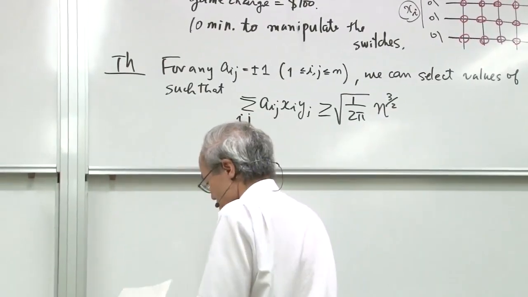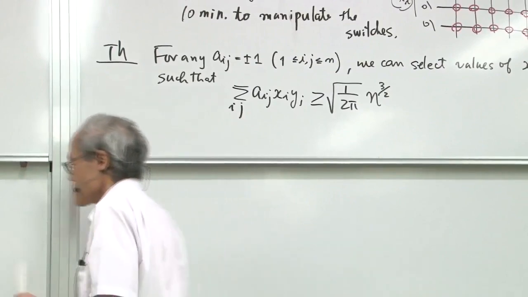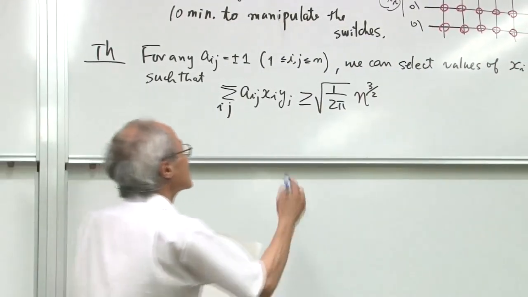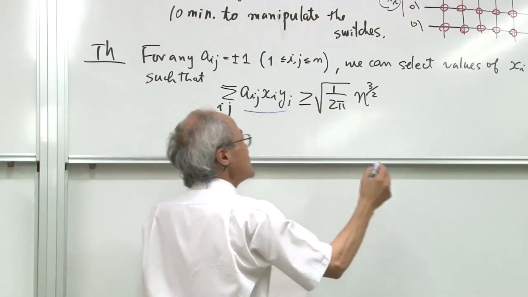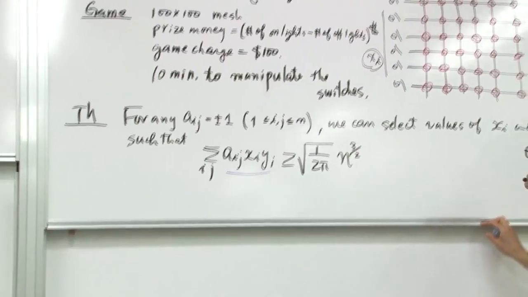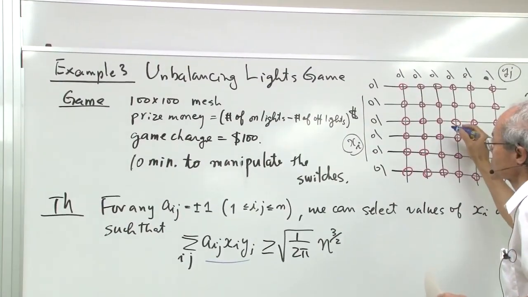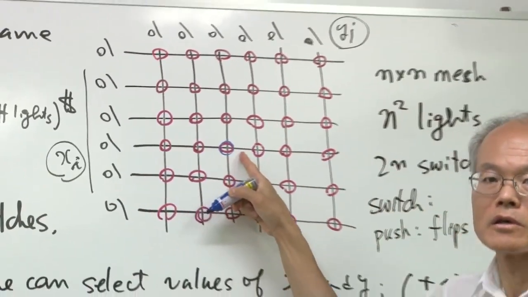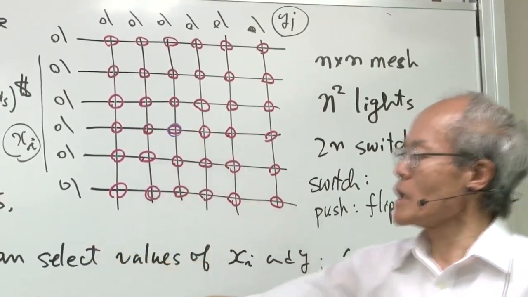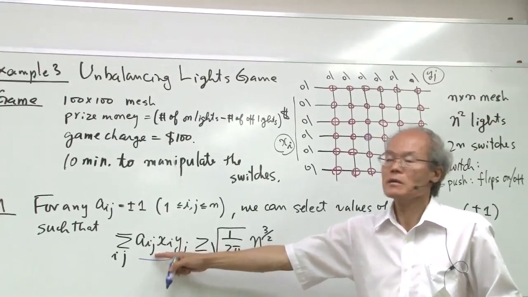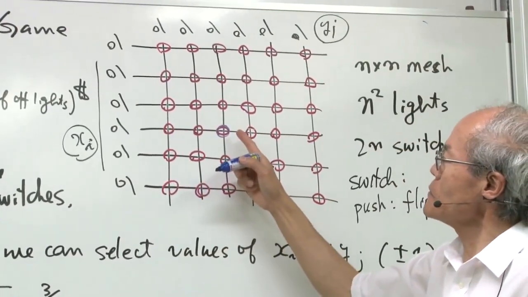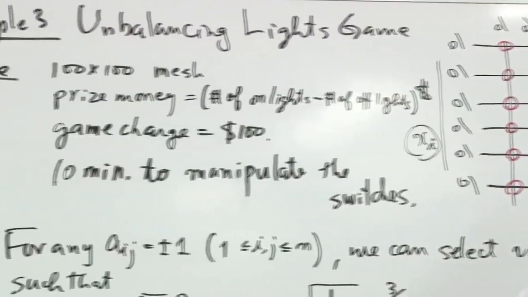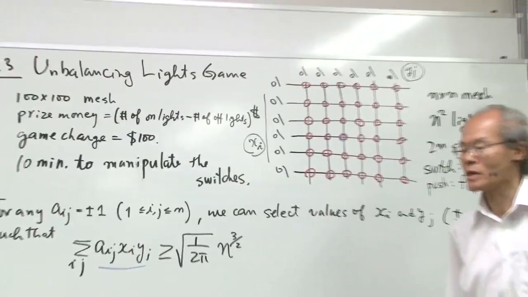what is this value? Suppose this is x, this is a. Look at this light. The initial value is a_ij. If you push this switch, then x_i equals -1.